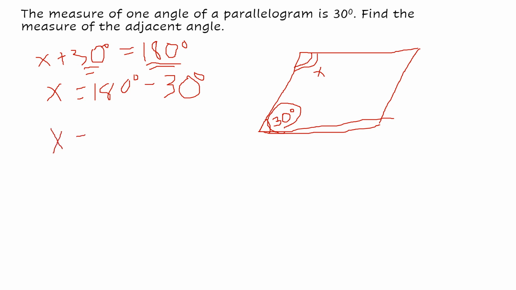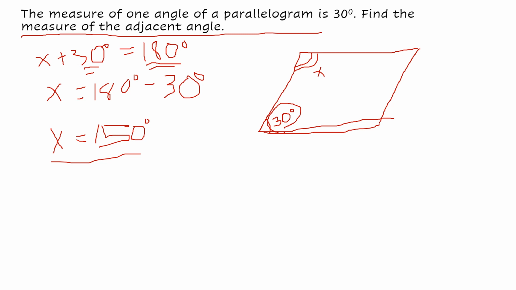But 180 minus 30 is 150 degrees. So therefore, the measure of the angle adjacent to 30 degrees is 150 degrees. So that's the answer, 150 degrees.